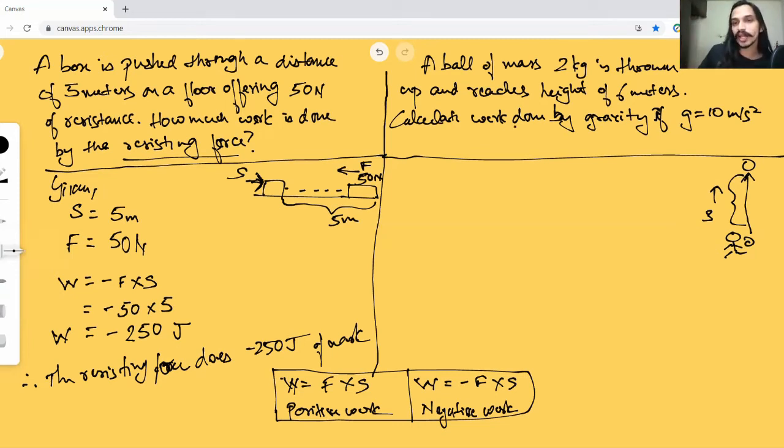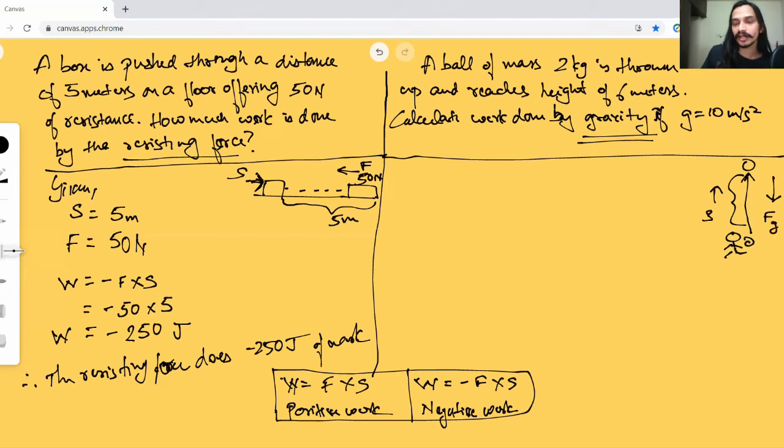But they are asking you to calculate work done by gravity. When a ball is going up, gravity's work is only to slow the ball down. Like we discussed, that is the reason the ball slows down and stops. So what is the total work done by gravity on the ball from here till the point it stopped? As we know, the force of gravity acts in the downwards direction, right?